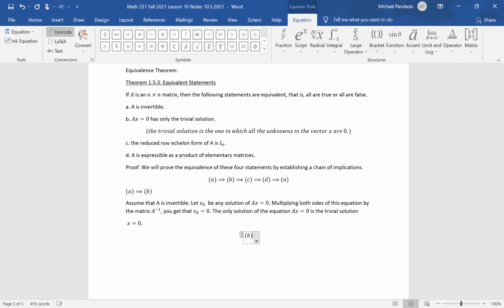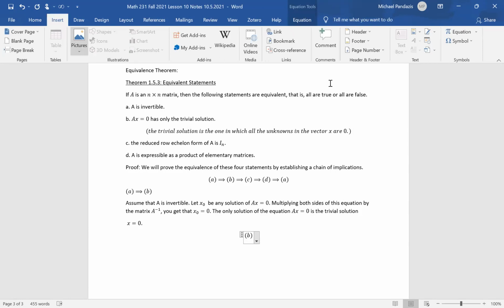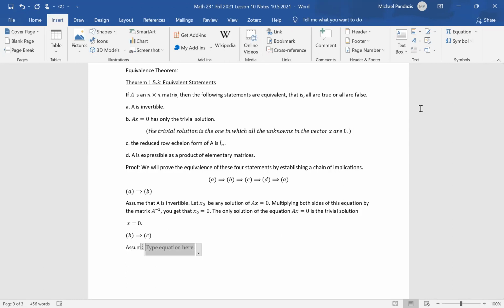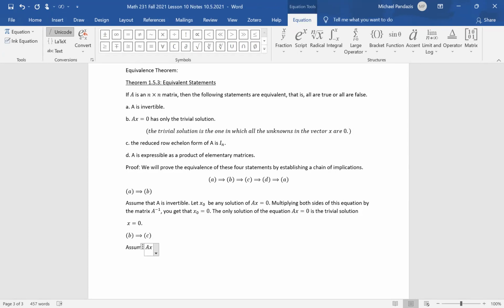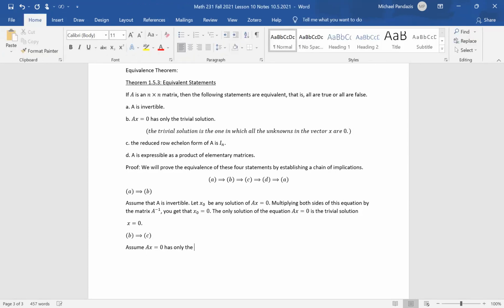The next thing to prove is that statement B implies statement C. So we assume statement B is true. So assume that Ax equals 0 has only the trivial solution. We want to deduce from that, we want to show that that implies that the reduced echelon form of A is I sub n.